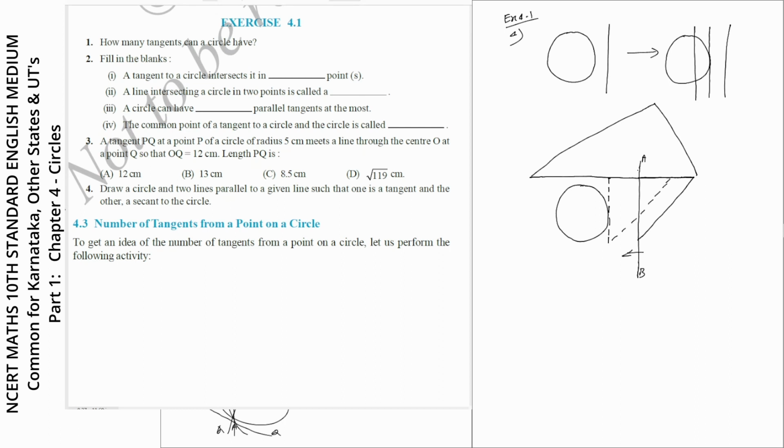I'll move such that one edge of the set square touches the circumference. Now at this edge I'll draw one line, and I will name it PQ. That line PQ is nothing but a tangent to the given circle. Now I'll further move the 45 degree set square, I'll further move it to this position.